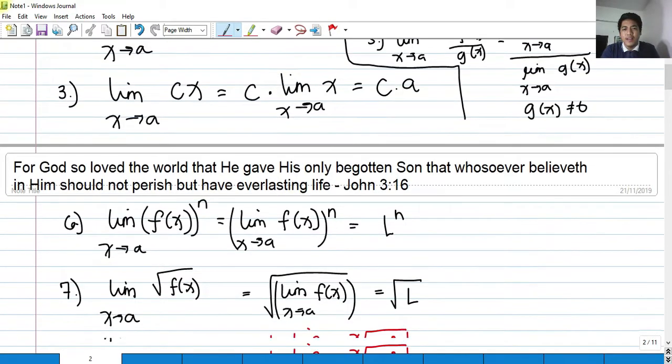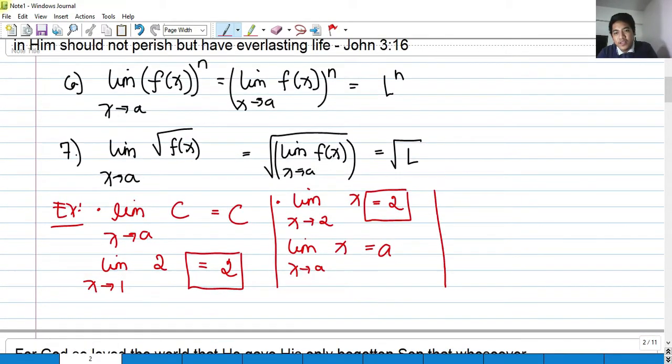So how do we apply that? For example, if we evaluate the limit of 2x as x approaches 2, what we can do here is rewrite this. We have a constant 2 multiplied by the limit of x as x approaches 2.